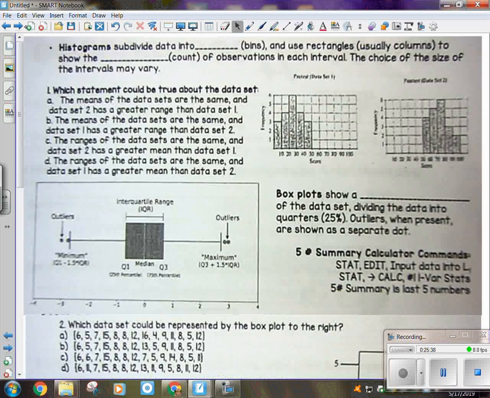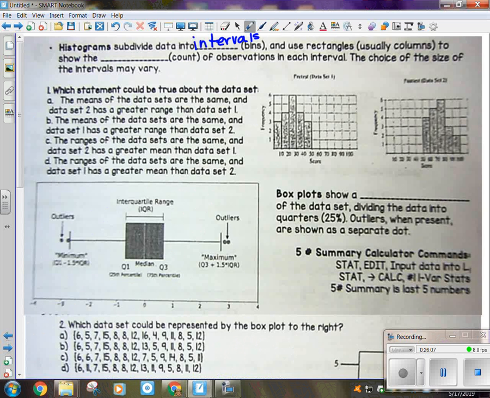Now we're going to move on to the next one, which is going to be histograms and box plots. Histograms subdivide the data into intervals. Sometimes we call those bins. I-N-T-E-R-V-A-L-S.